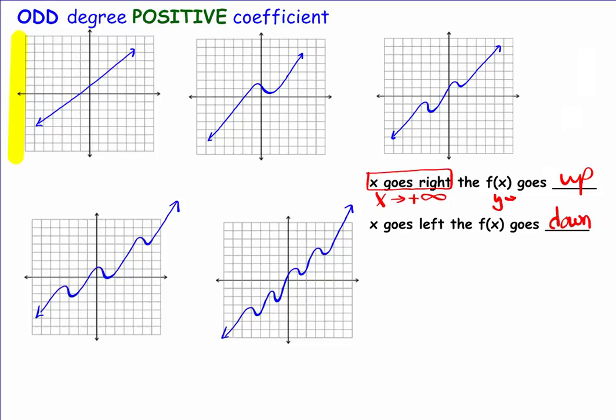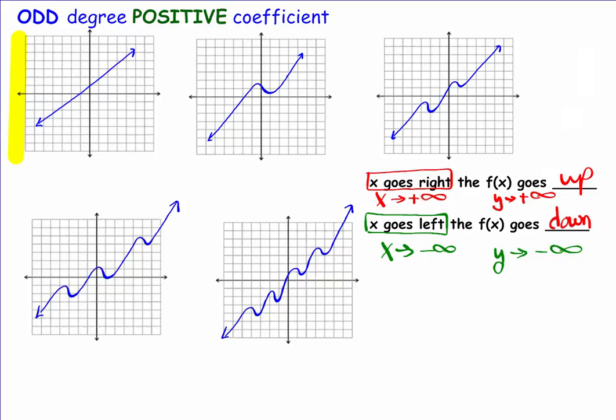Y goes to positive infinity, because on y, to go up is to go in a positive direction. So as x goes to negative infinity, and that means goes left, f of x, y, goes to negative infinity, which is a down direction.